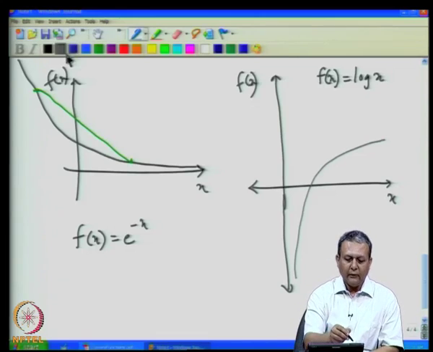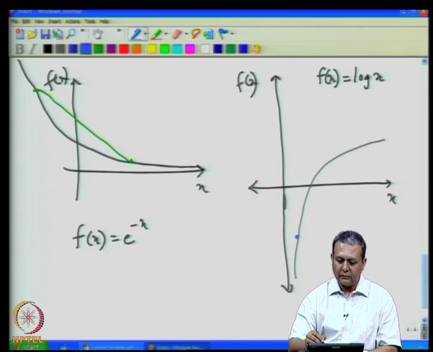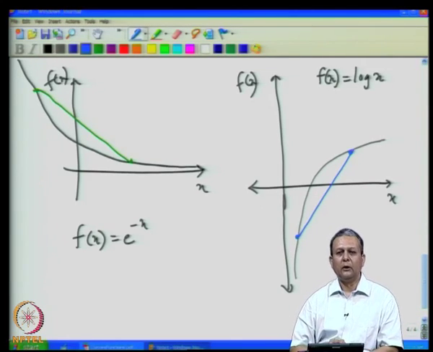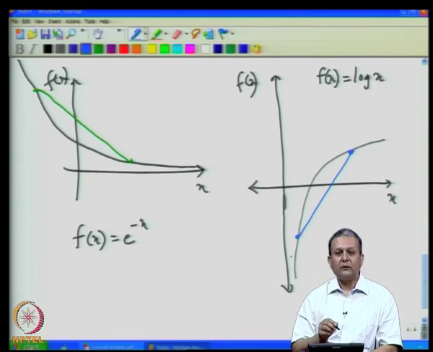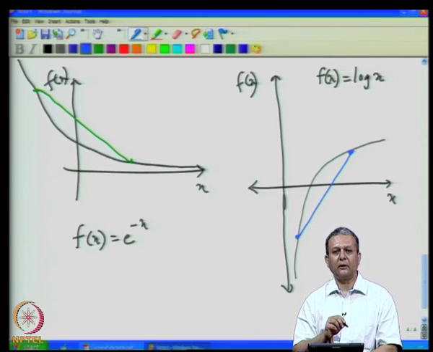If we take any 2 points on the graph of the function and draw a line segment joining those two, you will see that between these 2 points the function always lies above the chord joining the 2 points. So, in this case, the function is concave. In fact, it is a strictly concave function.